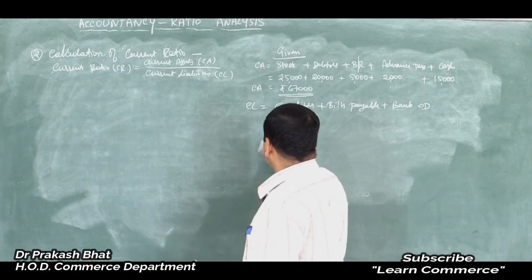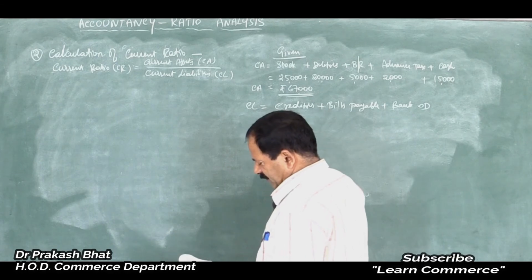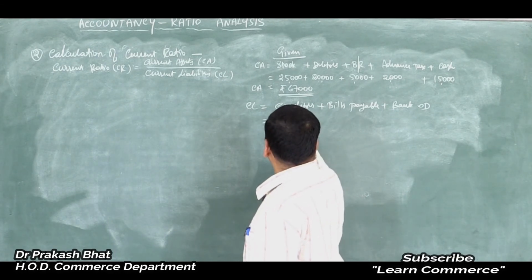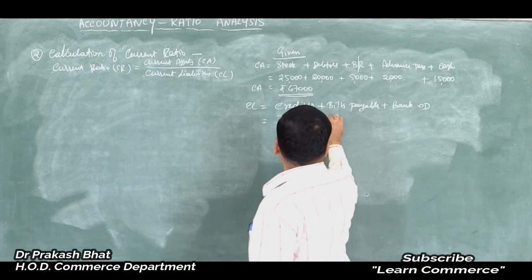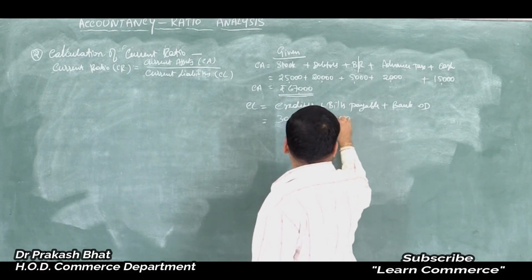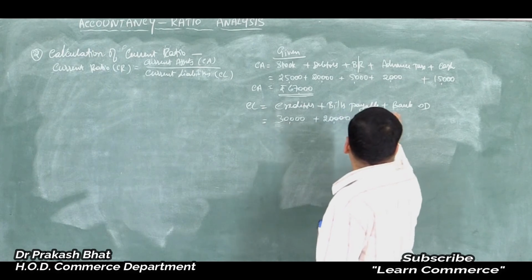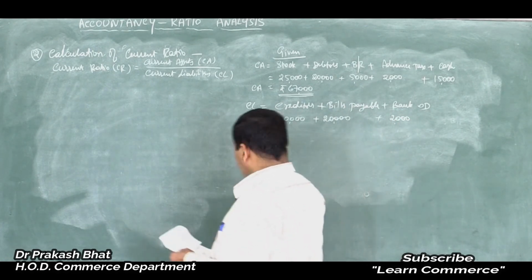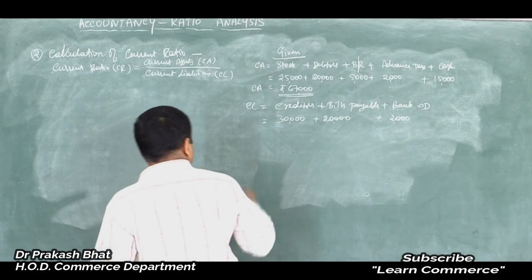Substitute the figures. How much? 30 plus 20 plus 2, it will be 52,000. Is that correct?